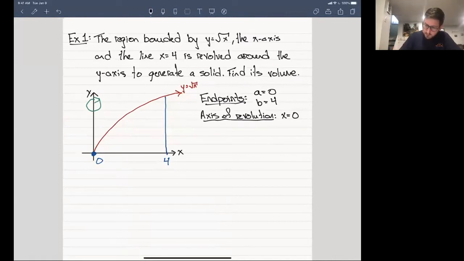Well, it's relatively straightforward, right? Because if I pick some value of x in this thing, then I'm going up to f of x.